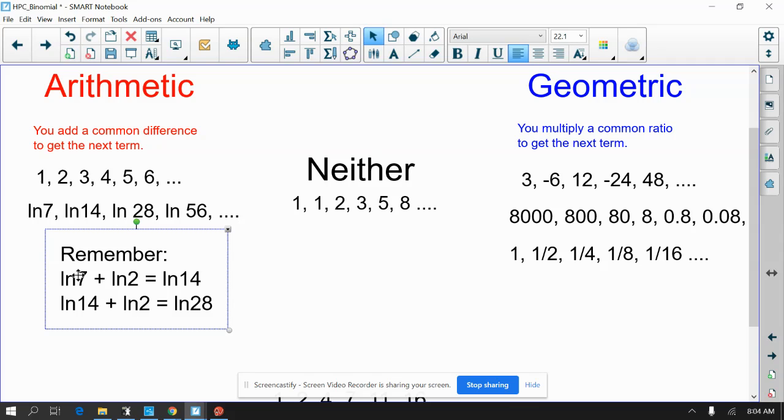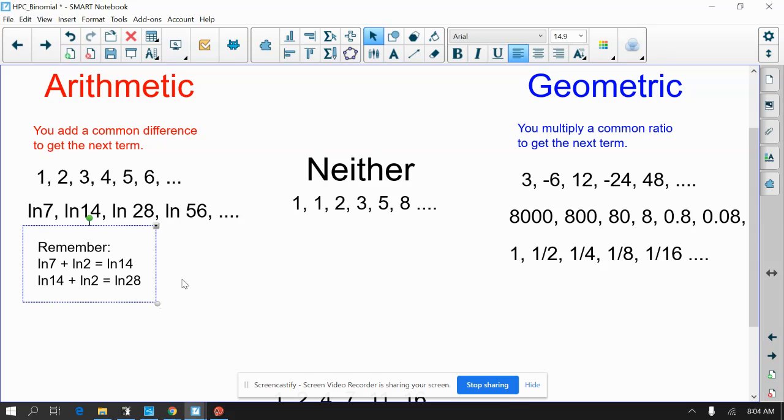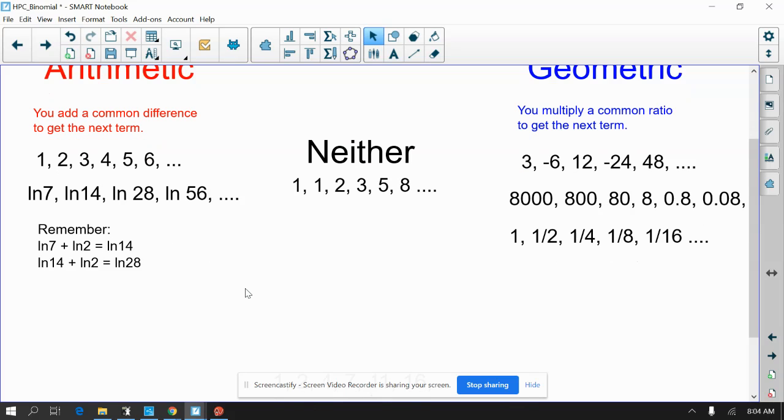Because remember, natural log of 7 plus natural log of 2 is natural log of 14. If you're adding 2 logs, you multiply the powers. And natural log of 14 plus natural log of 2 is natural log of 28. So this one was arithmetic. The common difference is natural log of 2, which you keep adding every time.